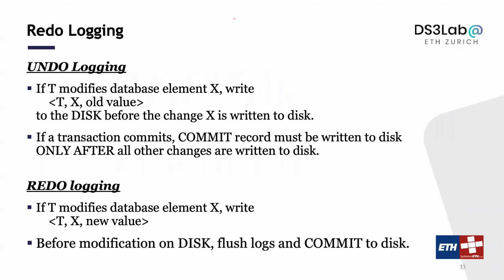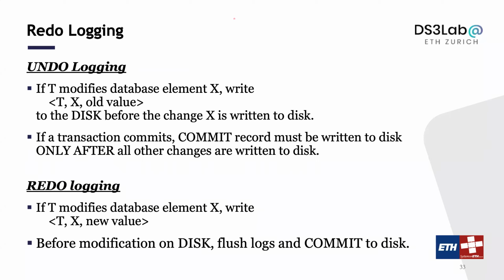To answer that question, let's look at one alternative logging strategy. Instead of relying on undo of uncommitted transactions, what if I rely on redo? Whenever I put things in my log, what if I do not put the old value, but the new value? If transaction T modifies database element X, I log that T wants to bring the value of X to this new value.